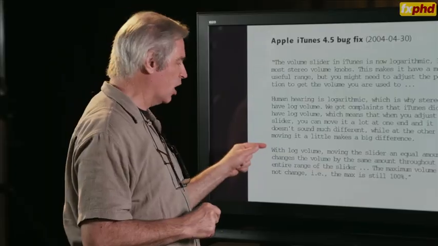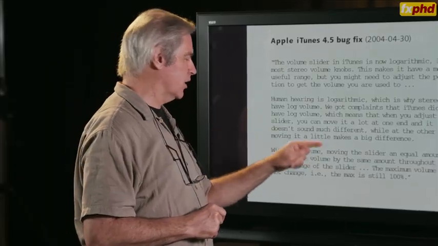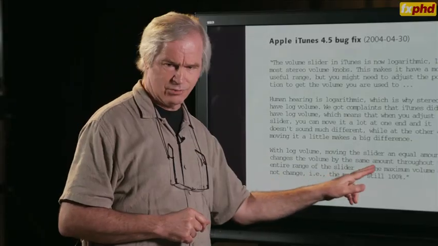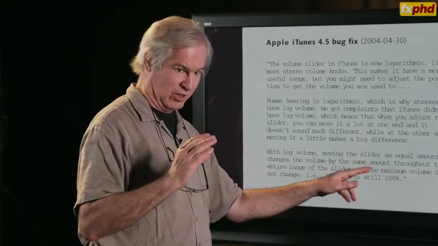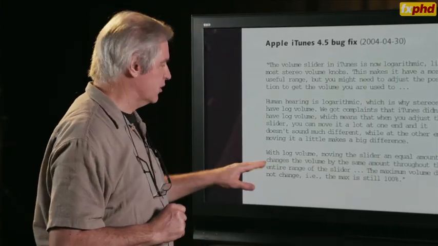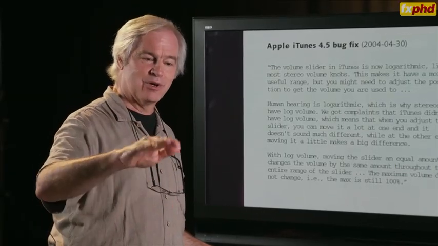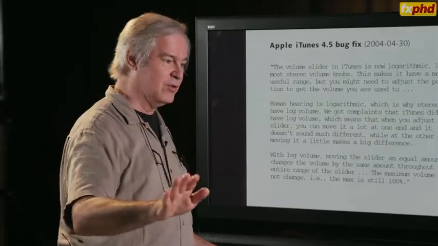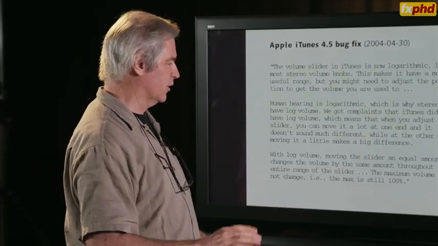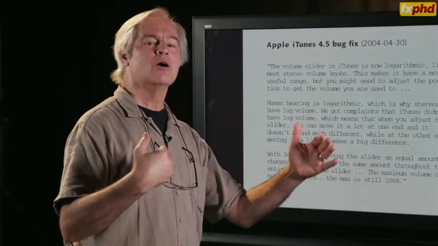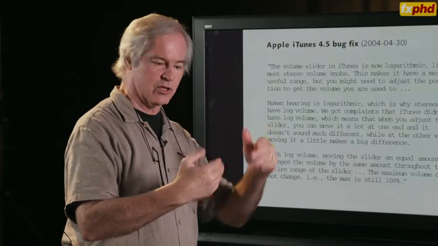So with log volume, moving the slider an equal amount changes the volume by the same amount, should really say the same perceptual increment, throughout the entire range of the slider. Now, just to keep the real iPod enthusiasts happy, they end with this little note: the maximum volume did not change. We didn't reduce the volume for you. We just changed how it's mapped along the curve.